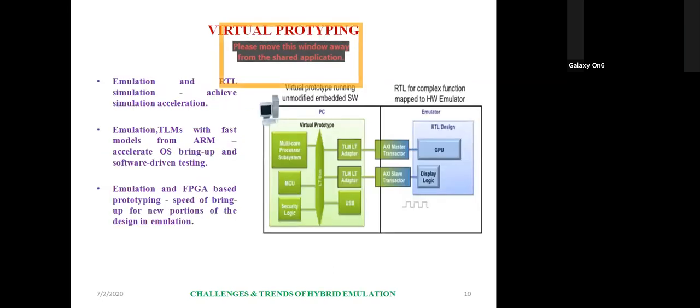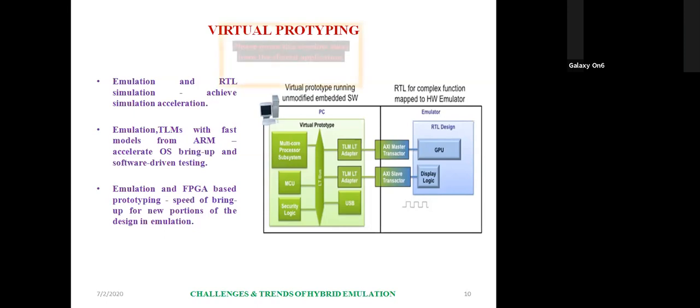So the hardware emulation, virtual prototyping and in-circuit emulation together form the hybrid emulation. You can see the figure here. The virtual prototyping consists of a multiprocessor subsystem, microcontroller units, security logic, and an LT bus. We have a transaction level modeling, loosely timed adapter.